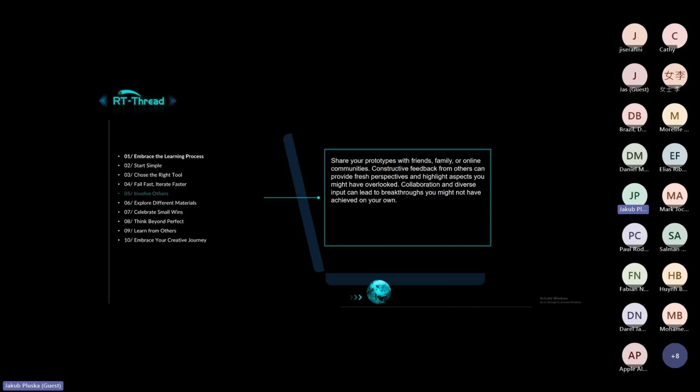However, it's good to participate in online communities like the RT-Thread community and share ideas, because sometimes you may get feedback or ideas from someone, or you're stuck with a specific problem that you don't know how to solve. Instead of spending many hours finding the solution, you may ask someone else who already had that problem, so do not reinvent the wheel.